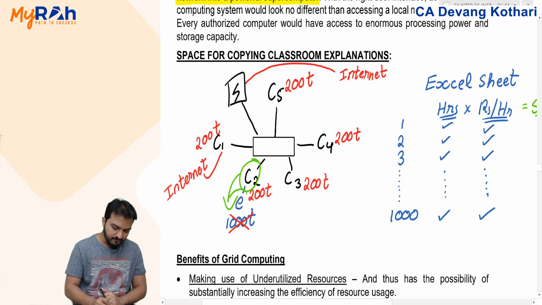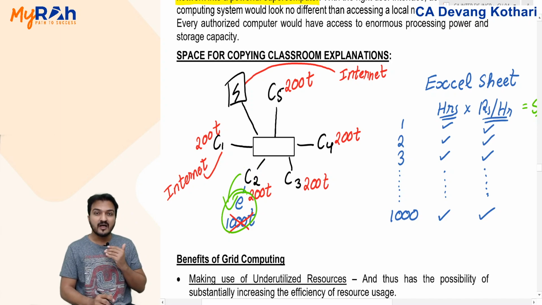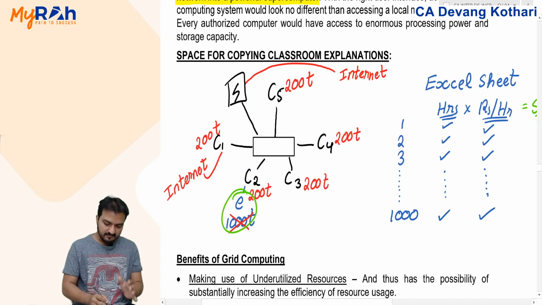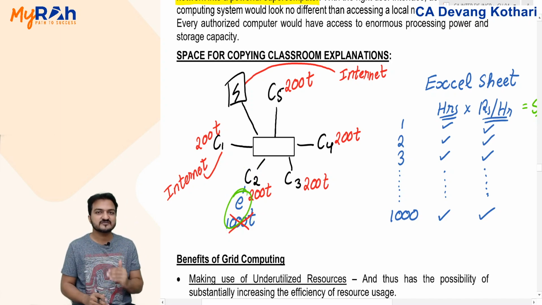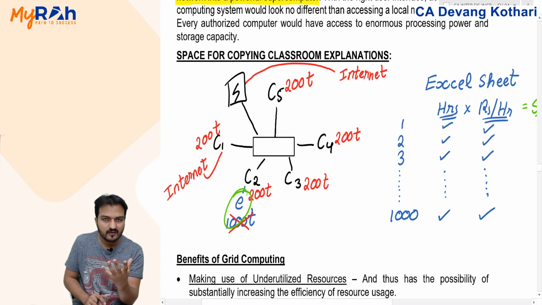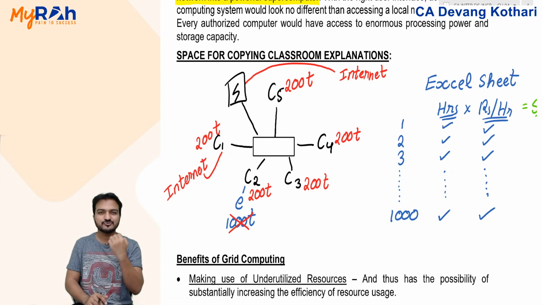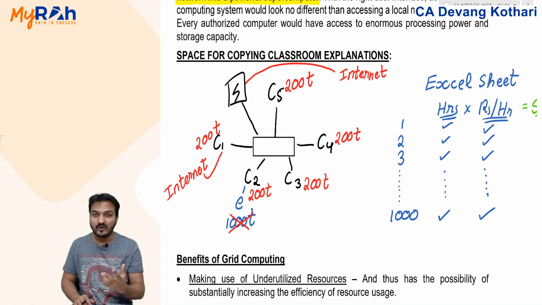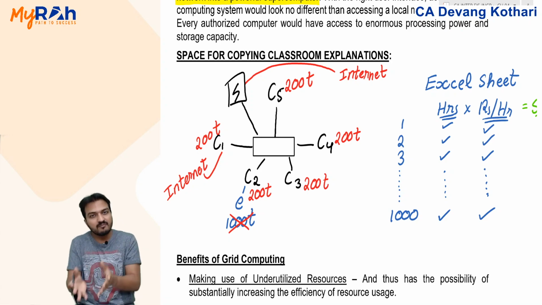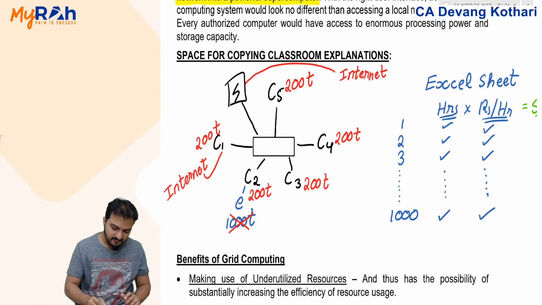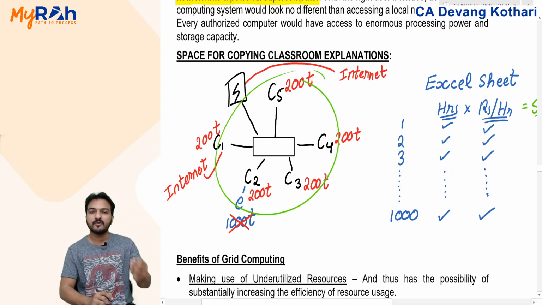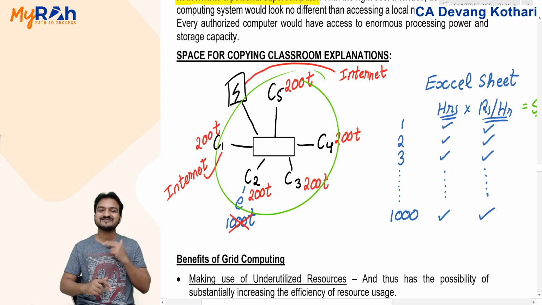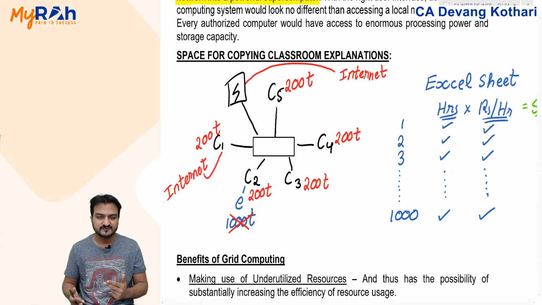Now imagine the employee sitting over here will feel as if his computer has become 5 times faster. In reality, it has not become 5 times faster. Rather, the processing is actually done by 5 computers. That is the main beauty of grid computing. Because of grid computing, your processing speed can massively increase because you can share the processing power of all the idle computers on your network.